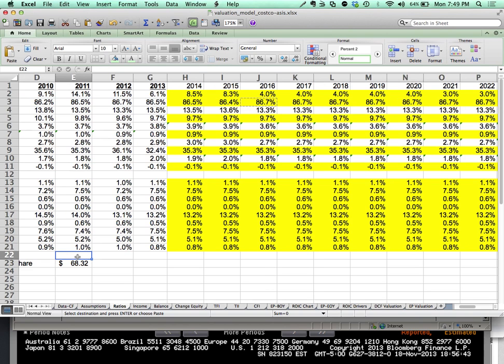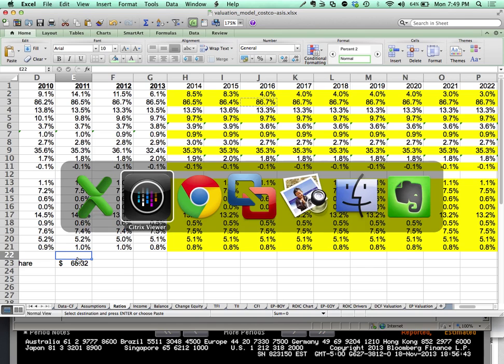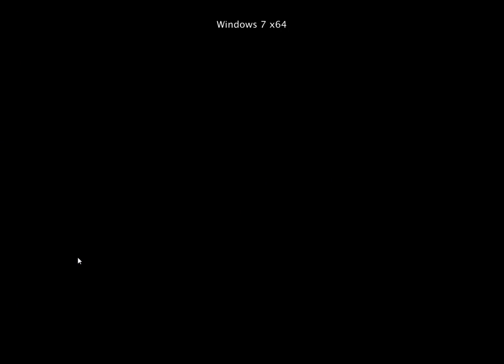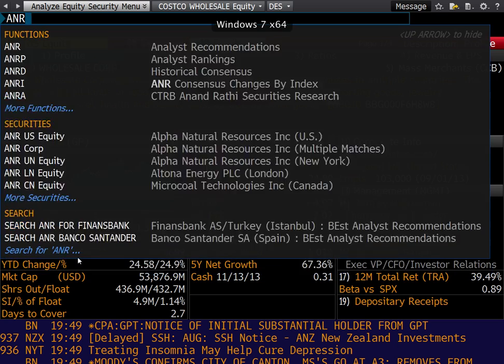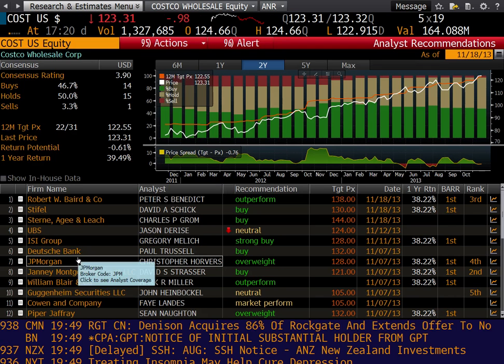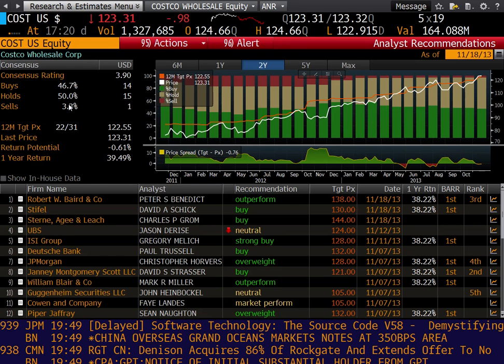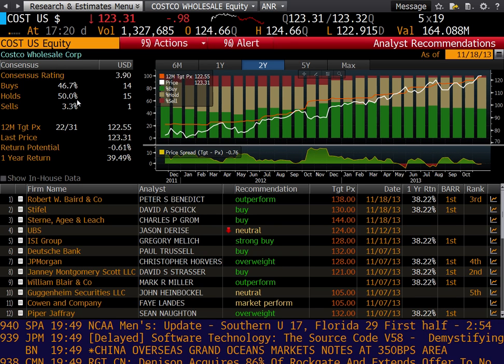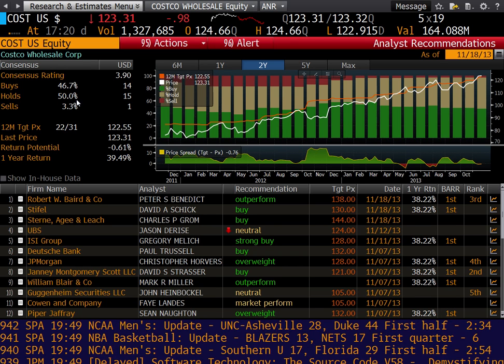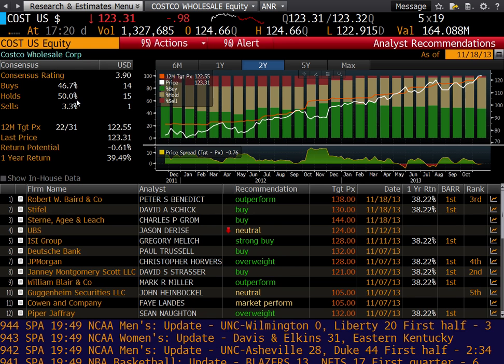Get out. Sell. Right? And I'm telling you, if you go to Bloomberg and you look at the analyst recommendations, ANR, you will see that there's a person out there that says get out. That's a professional. And you will see some people who say buy, and you'll see some people who say fairly valued. There is no strict consensus on the future, right?